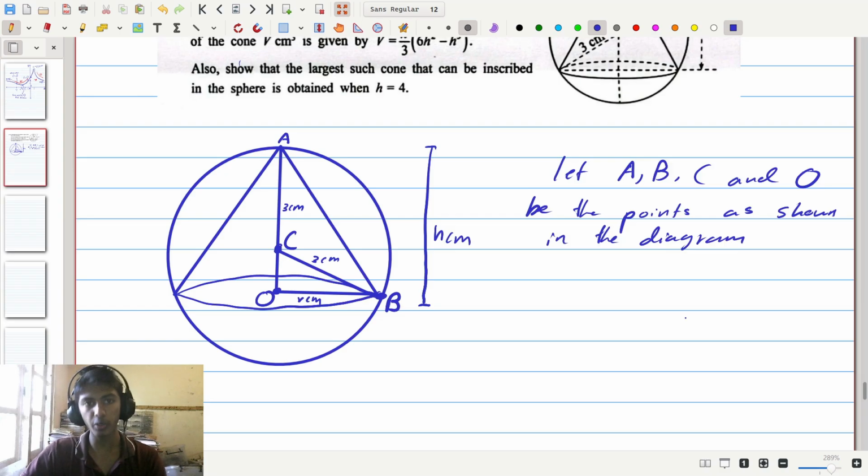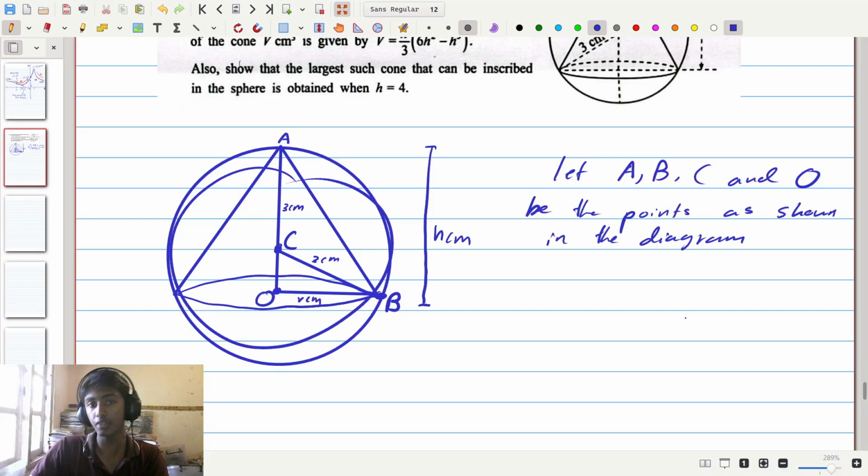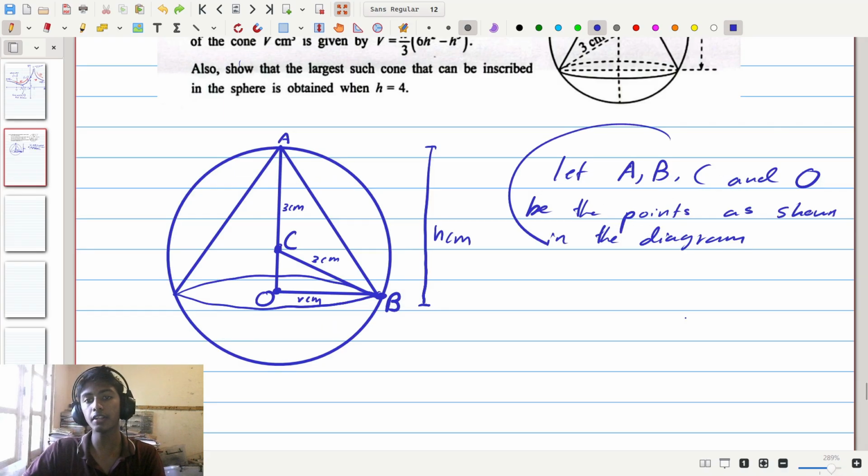If I wanted to, I could say let A be the point at the apex of the cone that's on the surface of the sphere, let B be one of the points on the base of the cone that is connected to the sphere, let O be the center of the base of the cone, and let C be the center of the entire sphere. But I would much rather just label them all and define them like this. So now we've defined all of our points.